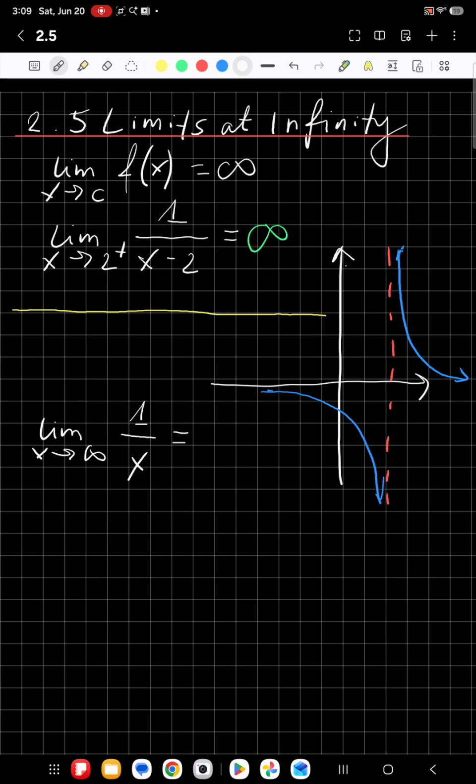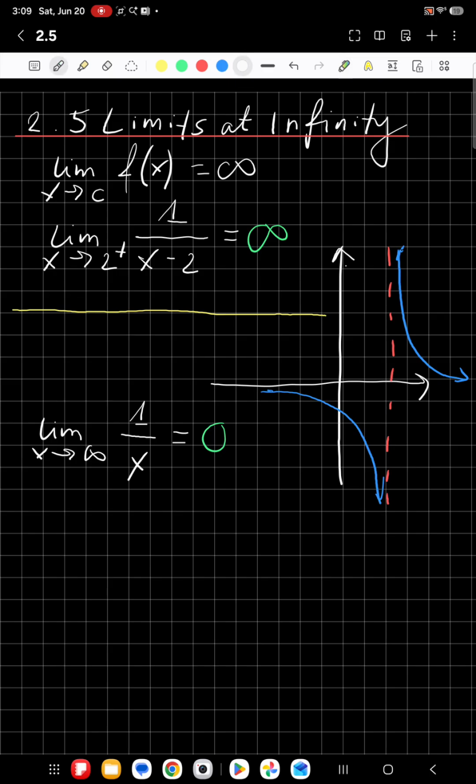If those x's are getting bigger and bigger, I'm dividing 1 by increasingly larger numbers, then the answer is 0. 1 over a very large number is very close to 0, so the limit would be 0.